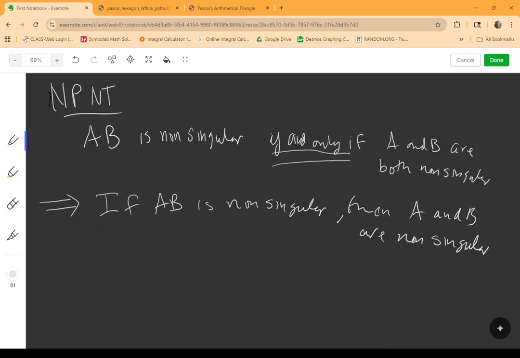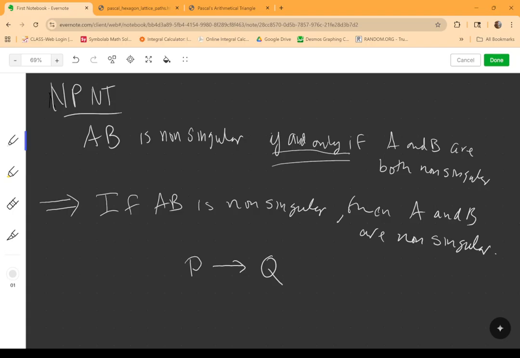The way we have written this statement is what's called an implication, an if-then statement. If you take any logic, we have P being our hypothesis and Q being our conclusion.